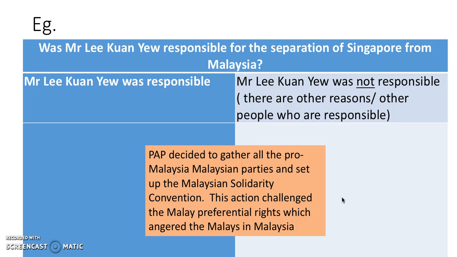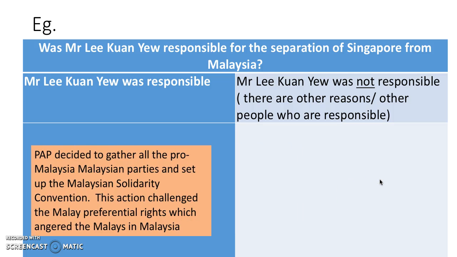Now, when the PAP decided to set up this MSC, when they wanted to have a Malaysian Solidarity Convention that allows all Malaysians to have the same right, it challenges the rights of the Malays. Now, who was responsible? In this case, it was very clear.